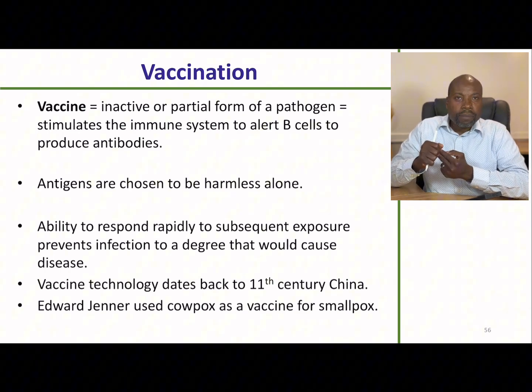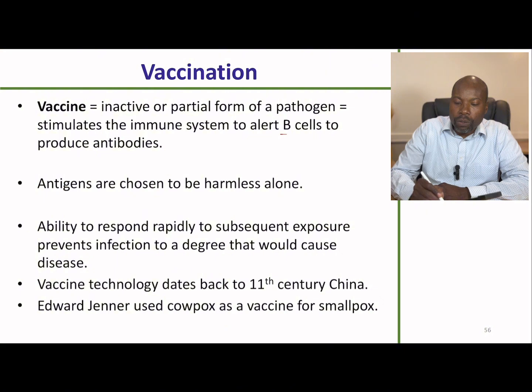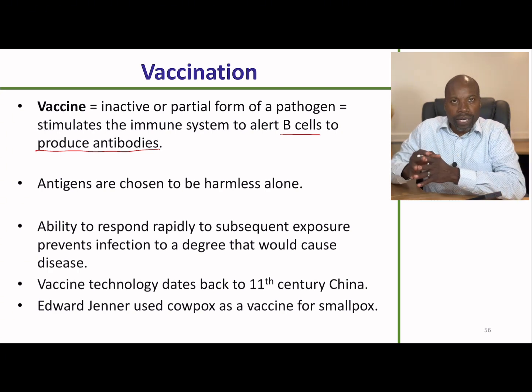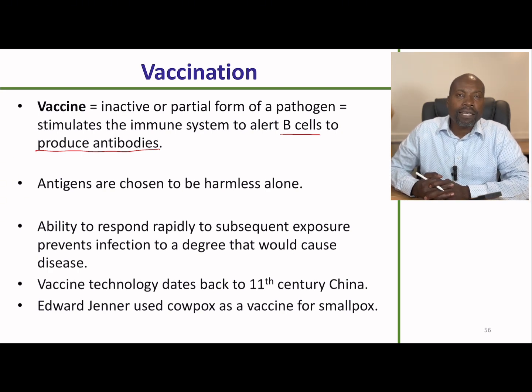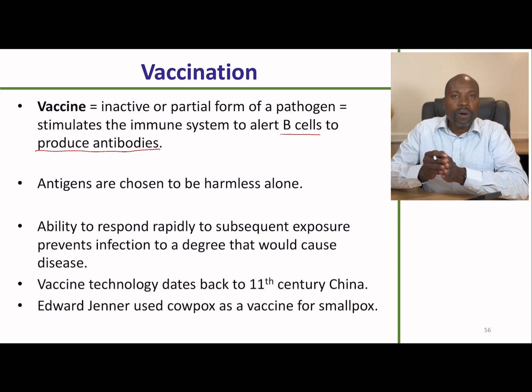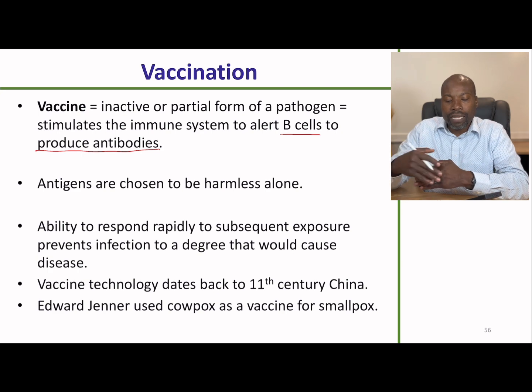In either case, this is going to lead to a stimulation of our immune system so that our B cells are going to produce antibodies in such a way that at the end of the day, we have a memory. When we have that memory, when we actually get infected by an infectious agent that is similar to the vaccine that we received, we are going to respond as if we had already encountered that pathogenic agent before, right?